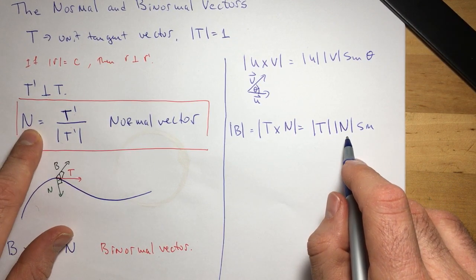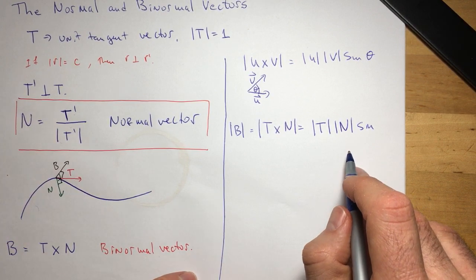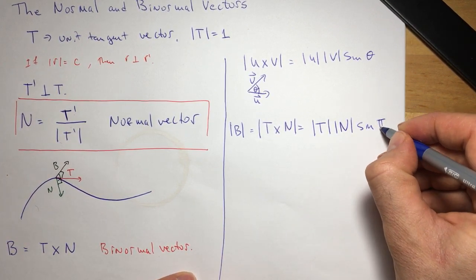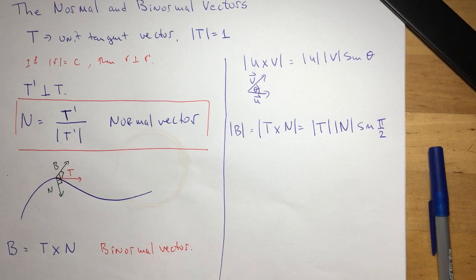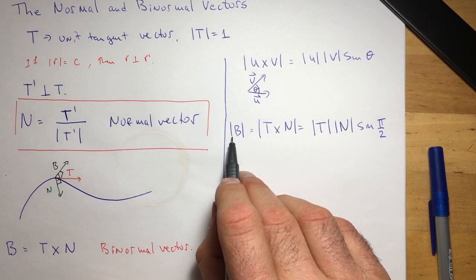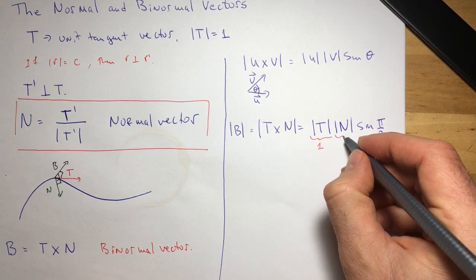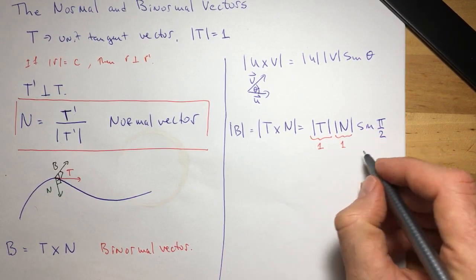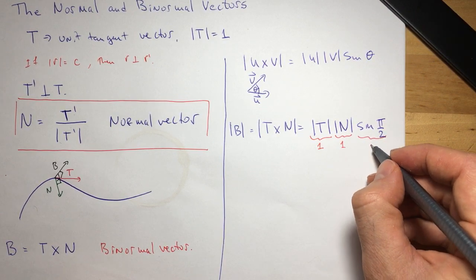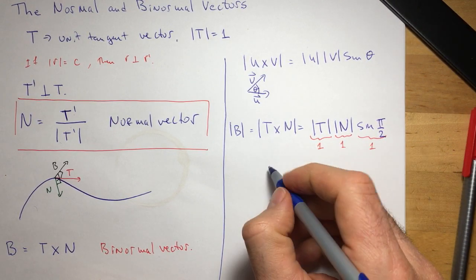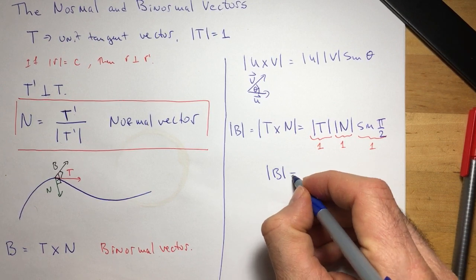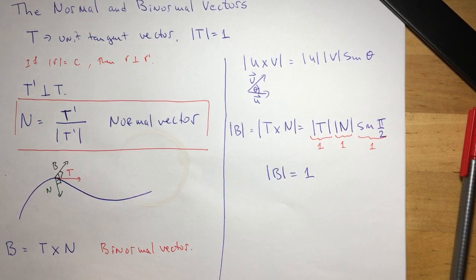Well, we said that the unit tangent vector and the normal vector are orthogonal, so the angle between those two is pi over 2. From here it's obvious that the magnitude of B is 1. Why? Because the unit tangent vector has length 1, we defined the normal vector with length 1, and sine of pi over 2 is 1, so obviously the length of this vector is 1.